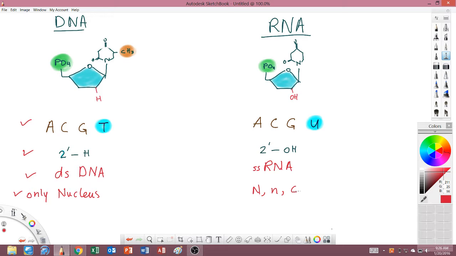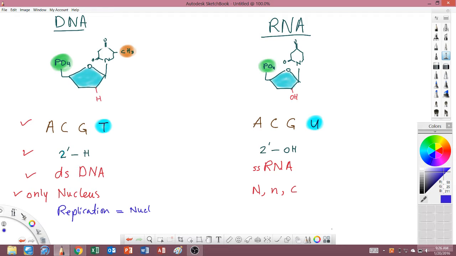So now let's talk about one more thing. DNA synthesis, the process of making new DNA copies, is known as replication. Making new copies of DNA is replication, and that happens in the nucleus. Okay, the location is where?